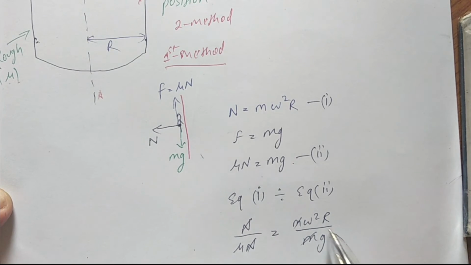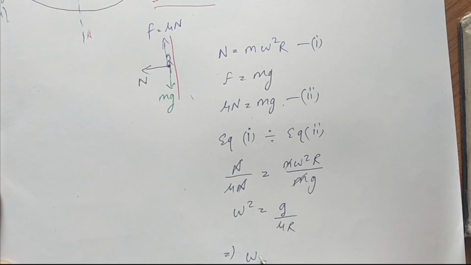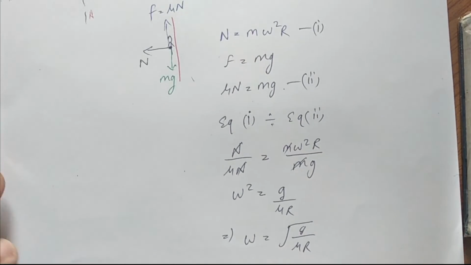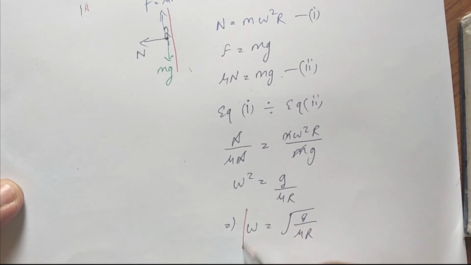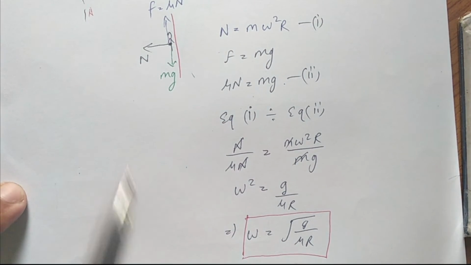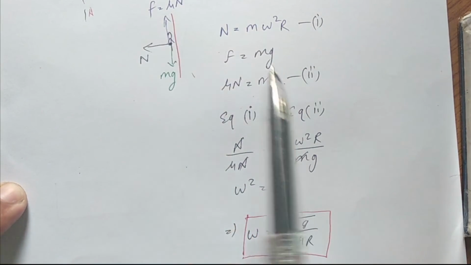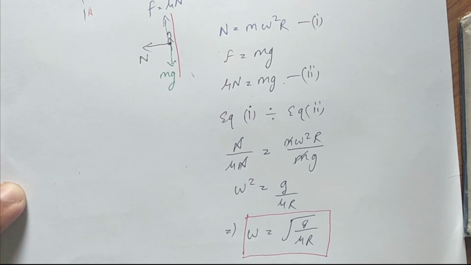So here we get omega square equal to g by mu r. So you can see that omega comes out to be root of g by mu r. So this is the speed required such that the person will not fall down. He will stay in his initial position.